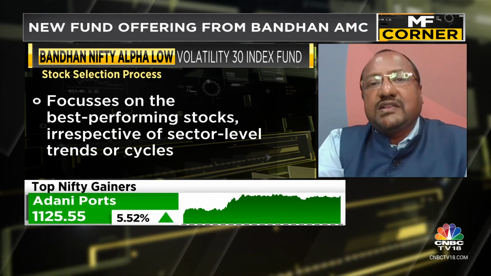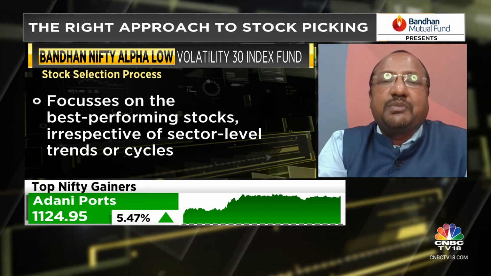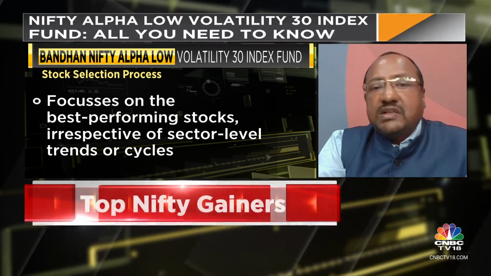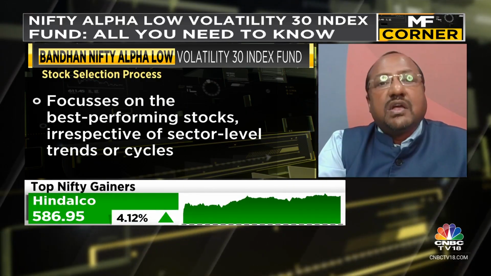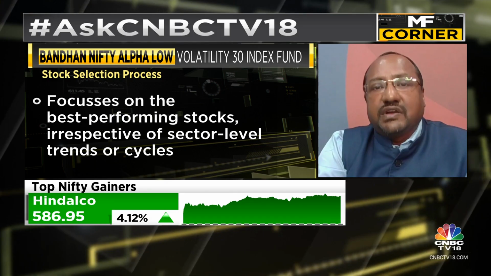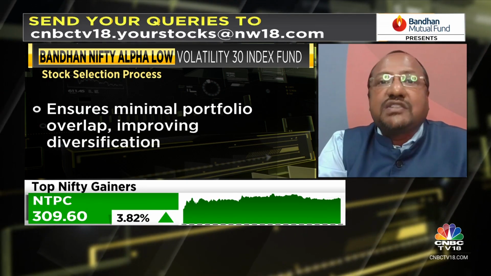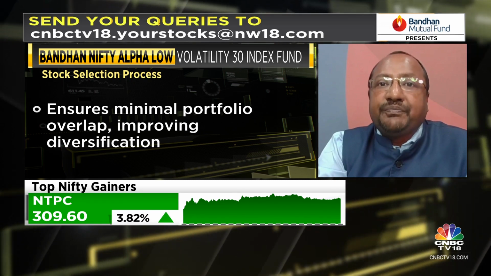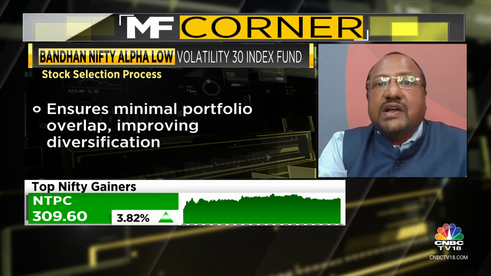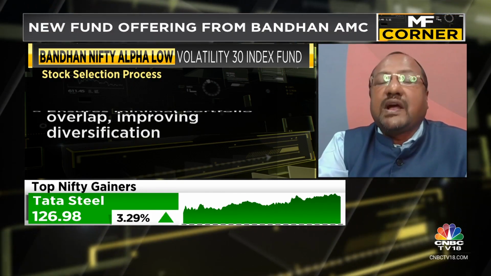Now, if I may give an analogy on how apt this strategy is: when one is driving on a highway, we want to cruise at a higher speed and we accelerate, right? The alpha part in the strategy is the accelerator in this car. And to ensure that the journey is safe, we have the brake, and that's the low volatility.